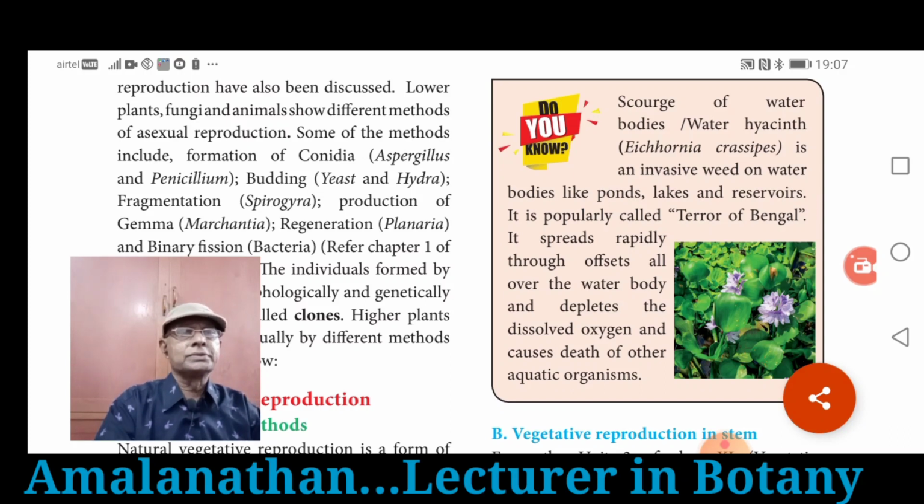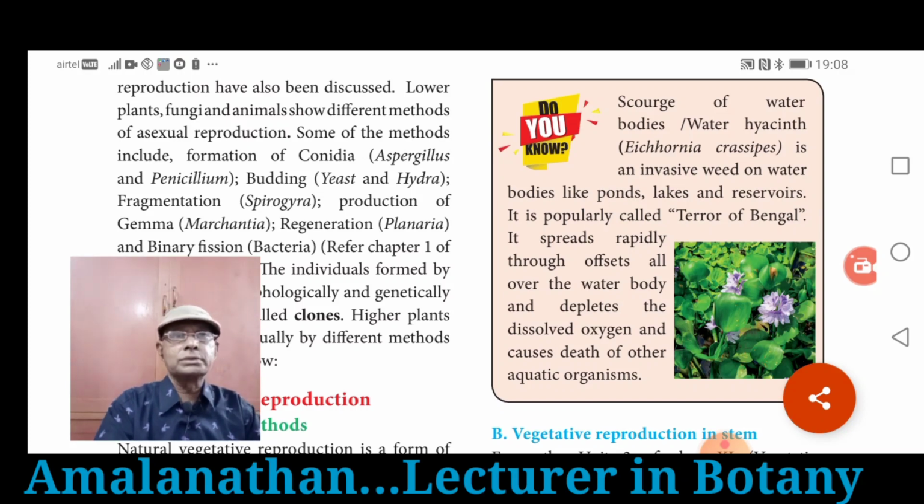The individuals formed by asexual reproduction are morphologically and genetically identical, and they are called clones. So far we have seen a number of asexual reproductive methods in lower group organisms: conidia, budding, fragmentation, gemmae, regeneration, binary fission, etc. In all these methods, clones will be produced.